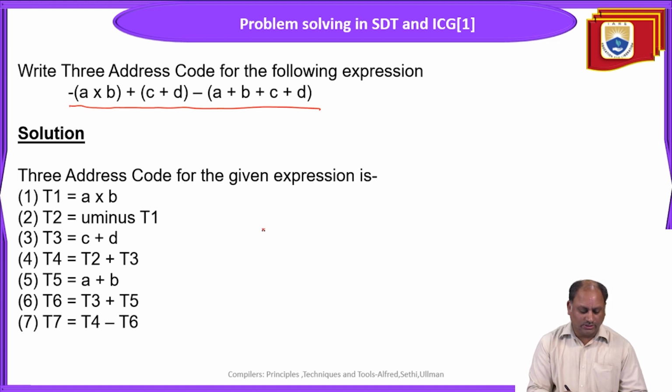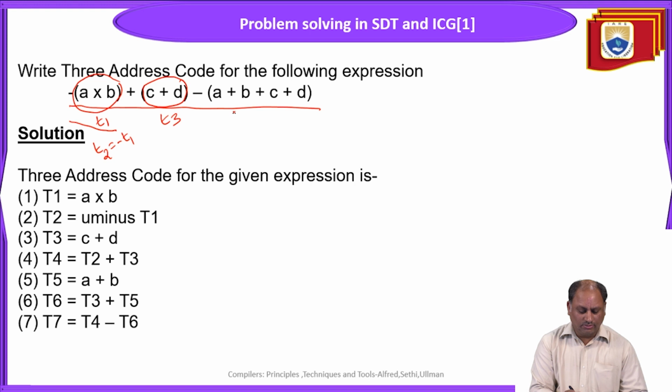here the expression is a into b. So this is to be calculated with a temporary variable, say t1. Now c plus d, you can take another temporary, say t3. Now this is to be assigned with a new temporary t2 equal to minus t1, and c plus d is t3.